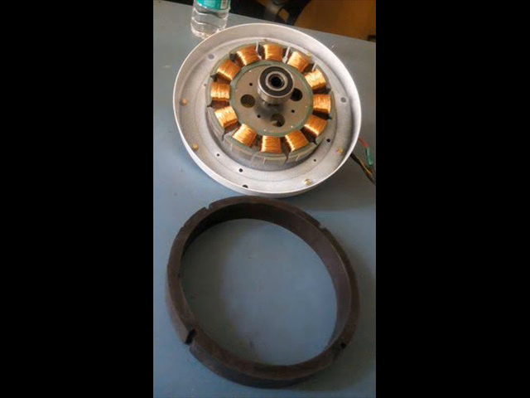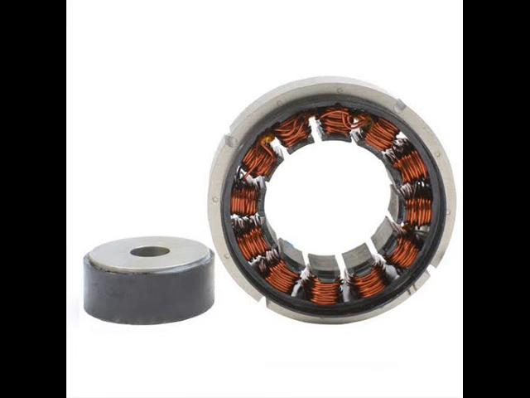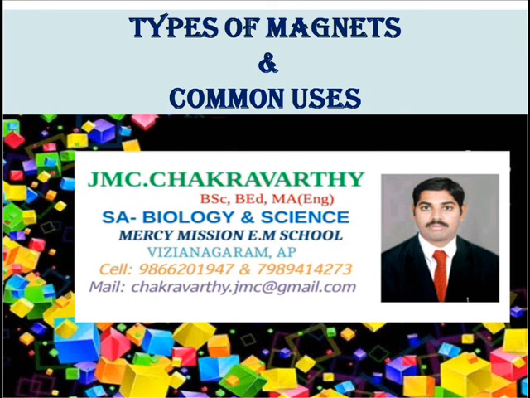And one more use: wherever you open motors, water pump sets, the motor consists of a magnet. That magnet helps to rotate the motor in a circular way. So these are the common uses.